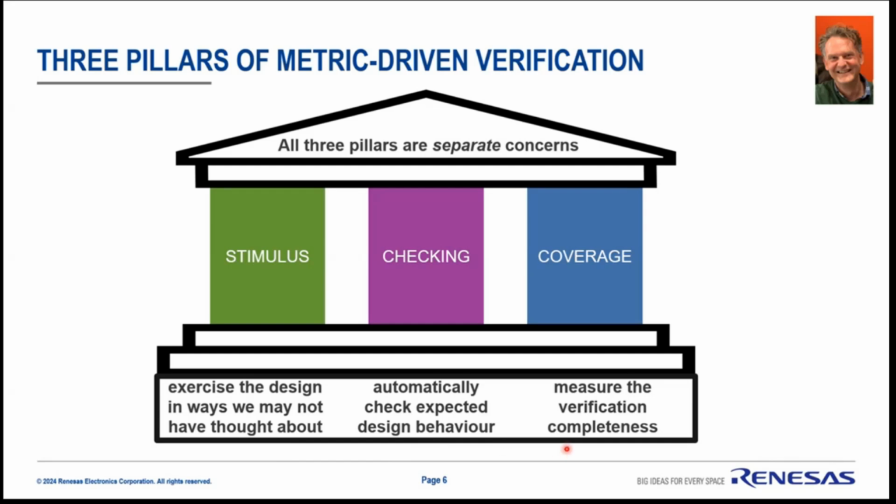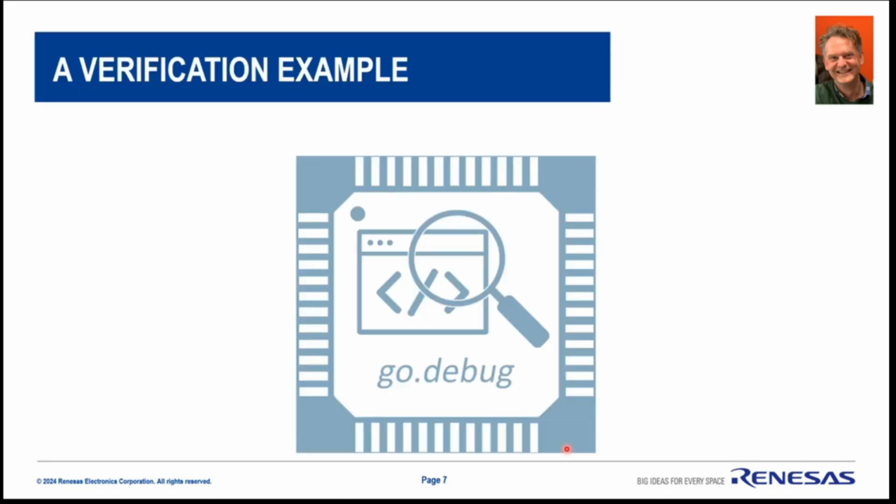They're all important pillars, but they're all separate concerns. They're not interwoven with each other. They're all completely separate things, and you have to operate on their own. So that's a useful diagram to show the importance of these different aspects of constrained random verification.